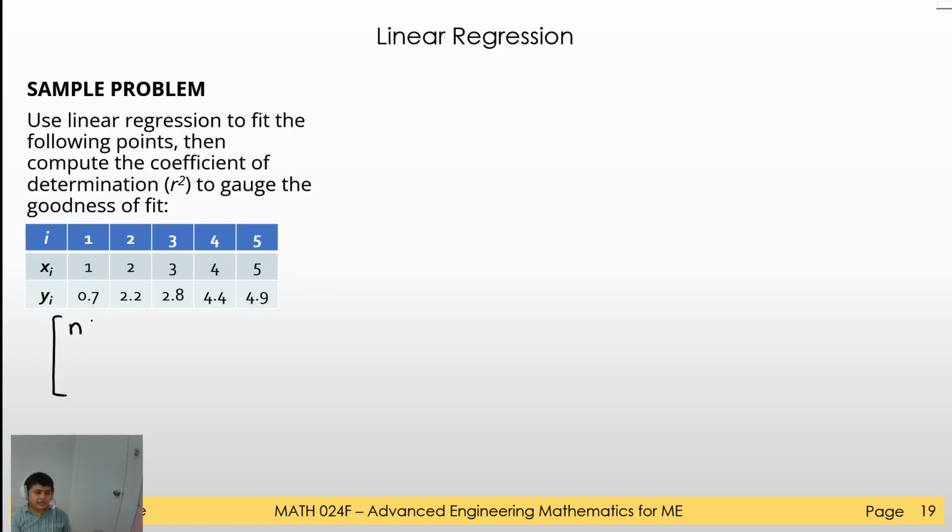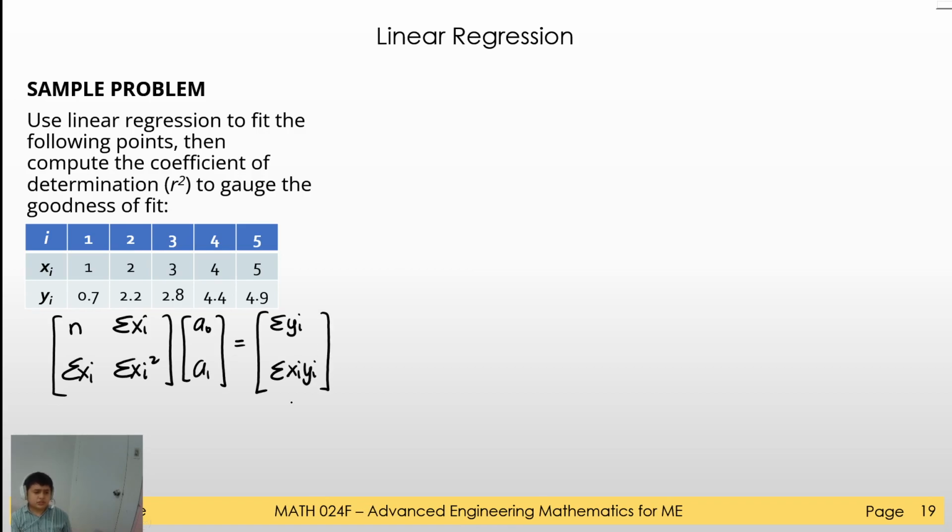We have n, summation of xi, summation of xi, summation of xi squared, times a sub 0 and a1, equals the summation of yi and the summation of xi yi. To solve for a0 and a1, we should determine each of these terms.